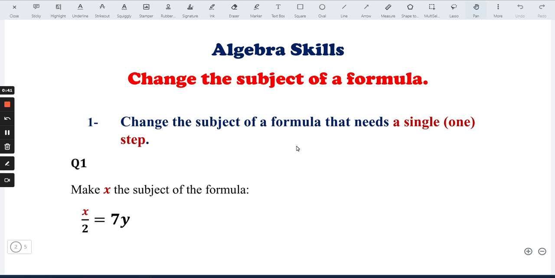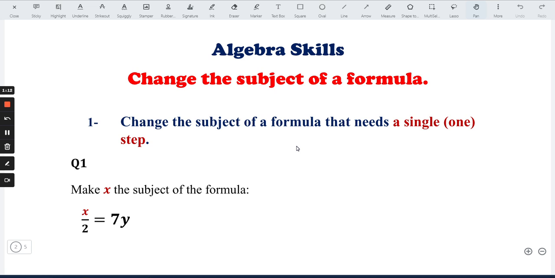So in this video I will introduce skills in algebra, especially about changing the subject of a formula, which is a way of rearranging a formula to rewrite a quantity in terms of other quantities. In this video the questions are based on Edexcel, IGCSE, AQA and OCR exam questions.